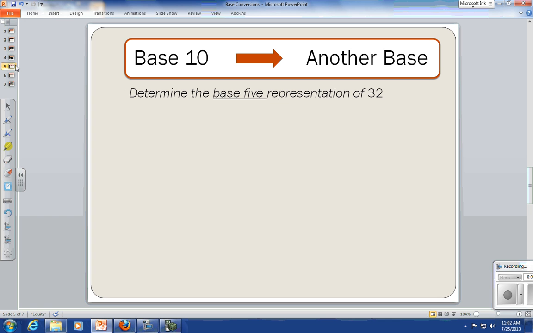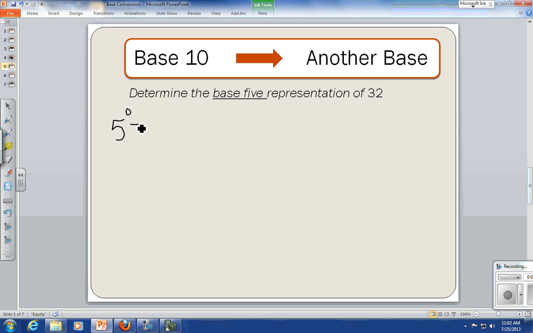Let's go from base 10 to another base. So we just did another base to base 10. So when you do that, you expand and multiply. If you go from base 10 to another base, you're going to divide. Okay. So it says determine the base 5 representation of 32. Whatever base they give you, your goal is to think about the positional values, maybe, in that base.